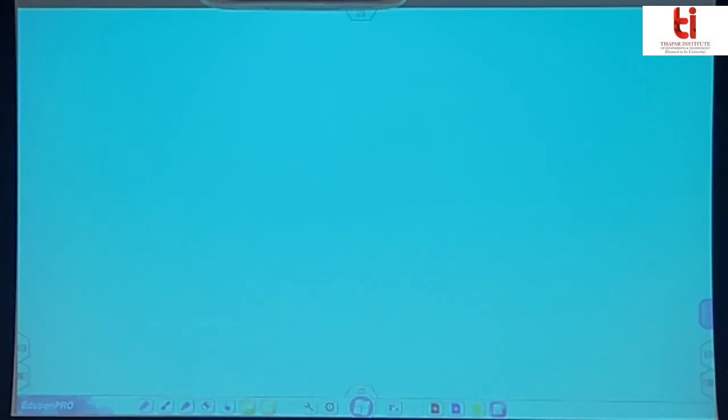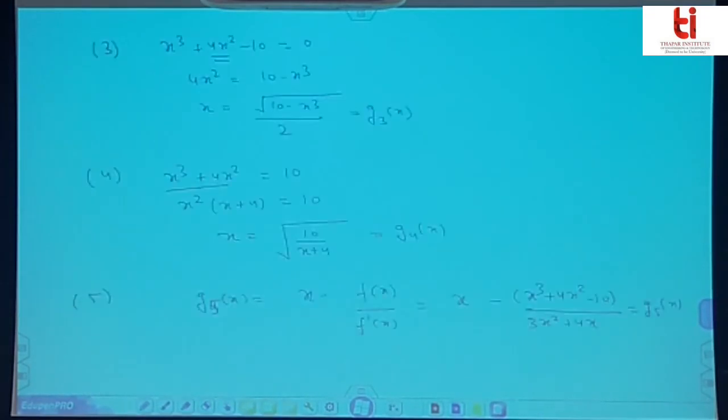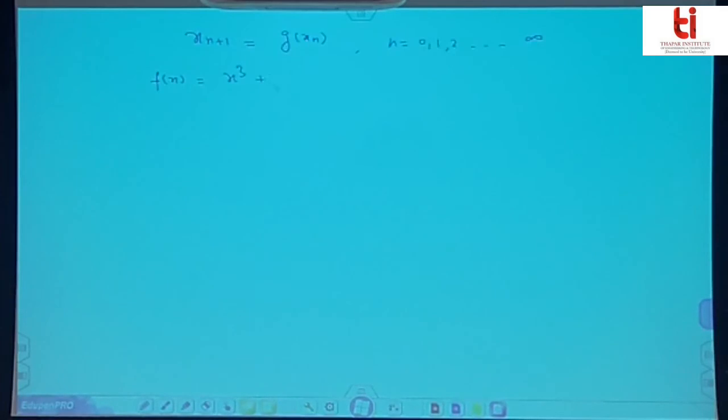Okay, so we can write here x(n+1) equal to g(xn), where n equal to 0, 1, 2 and so on. The function is given to you here, x cube plus 4x square minus 10 equal to 0.